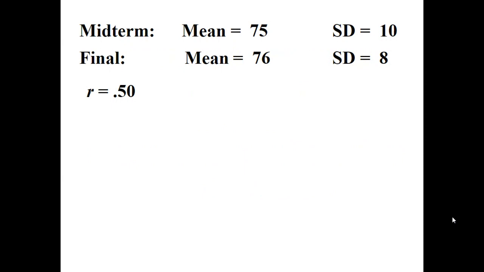So we're given a lot of information here about a midterm and final exam in a class. We're given the mean and standard deviation of the midterm, 75 and 10, and the mean and standard deviation of the final exam, 76 and 8. And we're told that the correlation between the midterm and final is 0.50.